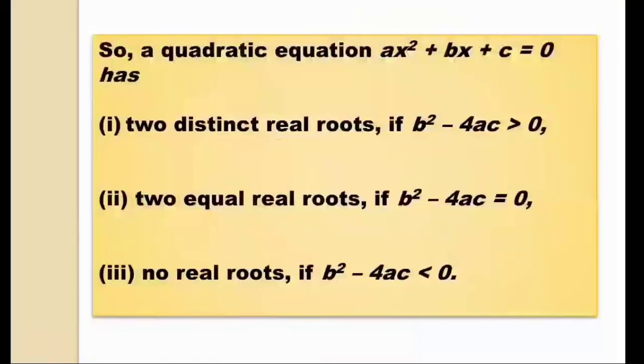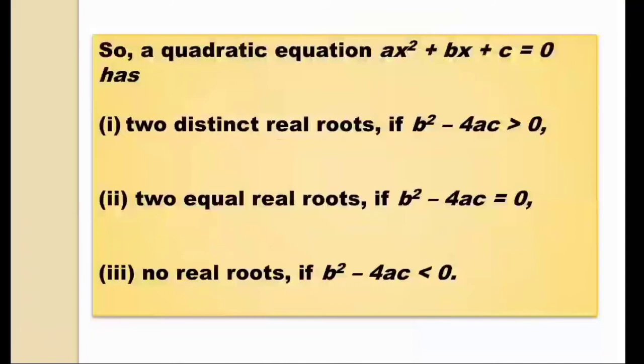So a quadratic equation ax² + bx + c = 0 has two distinct real roots if b² - 4ac is greater than 0, meaning a positive value; two equal real roots if b² - 4ac equals 0; and no real roots if b² - 4ac is less than 0, meaning negative.